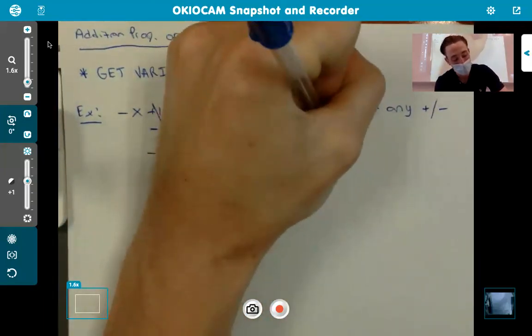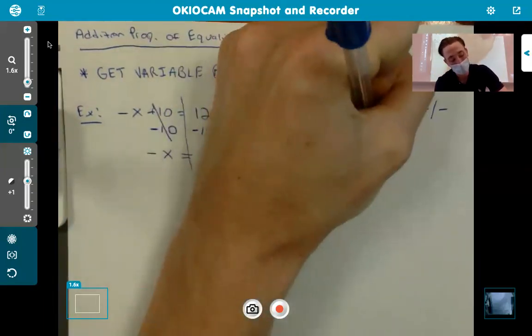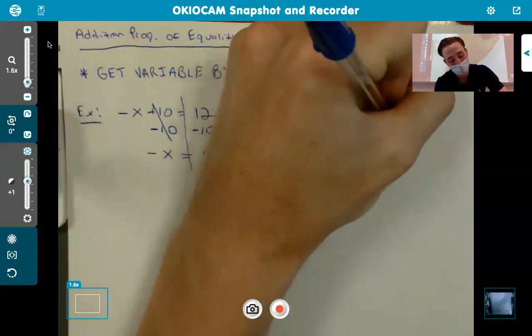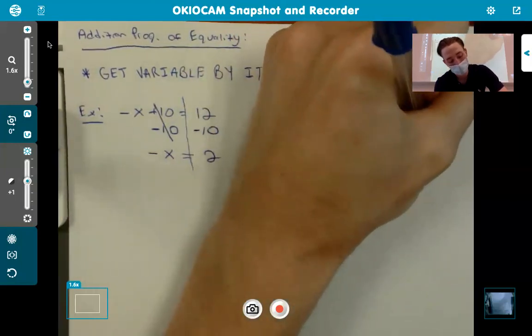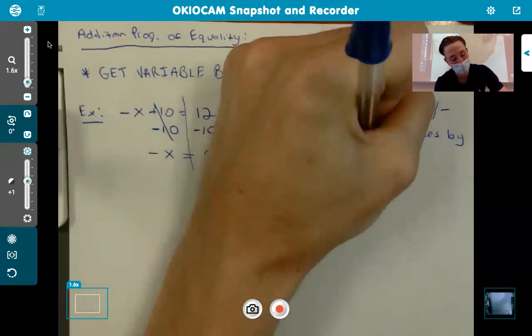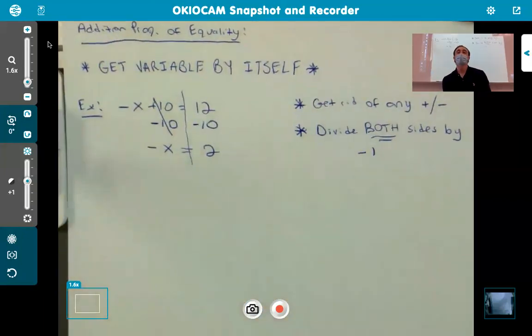So my second step is to divide both sides by -1. Now, as we progress through, the equation is not always going to have a -1 in front of my variable. Sometimes it might be a different number, okay? But for right now, in all of our examples, we're going to take that second step to divide both sides by -1, all right?